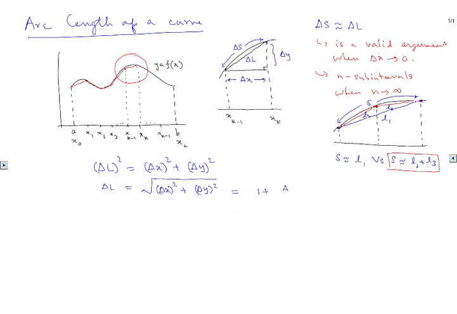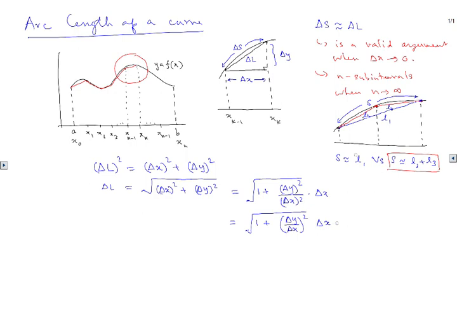You get 1 plus delta y squared over delta x squared, under the square root, and then the delta x that you pulled out. So you can rewrite this as the square root of 1 plus (delta y over delta x) squared, times delta x. This is the formula that we get for delta L.